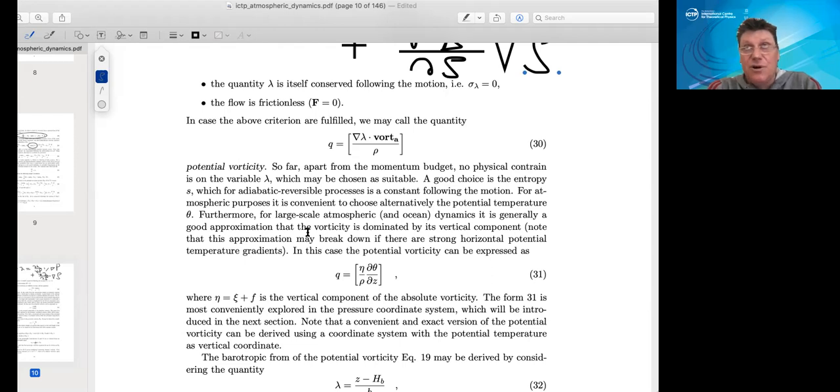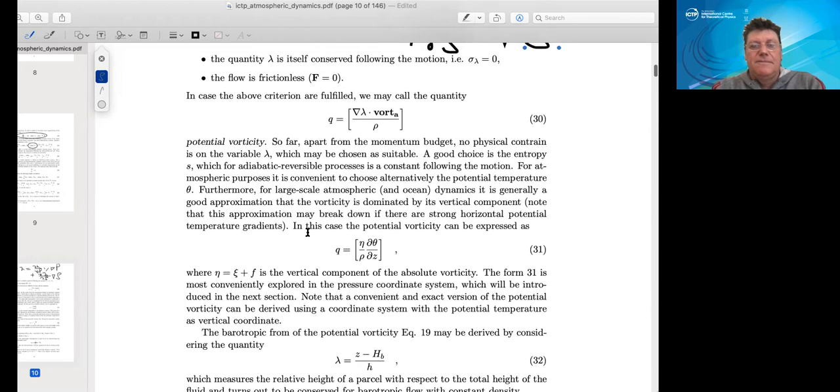Also important are the potential temperature or entropy themselves, because they also obey this approximate conservation law. At least we can consider it conserved if we assume adiabatic reversible motion. Now, it turns out for our atmospheric purposes, we can pick either the entropy or the potential temperature. And you know how they are related, no?